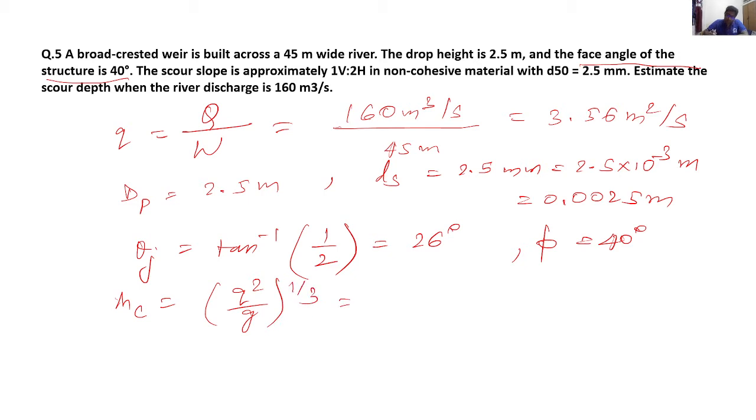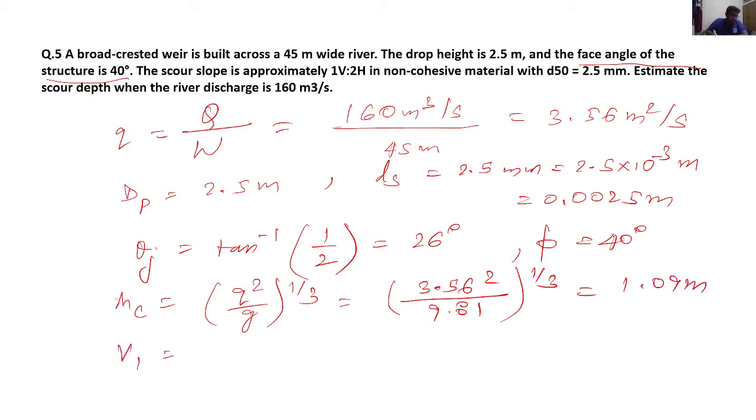That is the case for the critical depth of a rectangular section, which we already discussed in probably weekly session 3 or 4. So this will be (3.56 square by 9.81) power 1 by 3, which will be 1.09 meters.